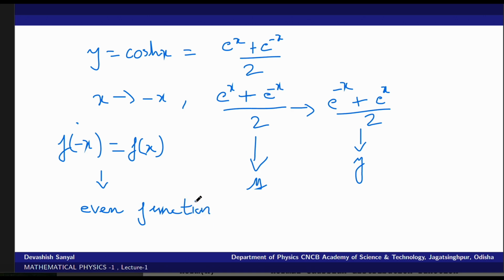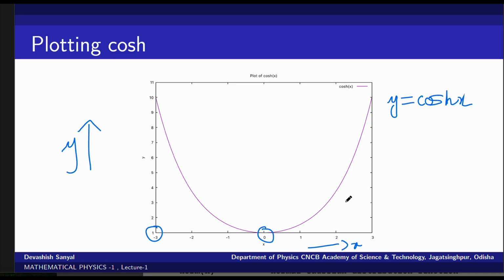So here you can see, from x is equal to 0 to infinity, if we draw, the curve is like this on the right hand side. This is my x is equal to 0 line.